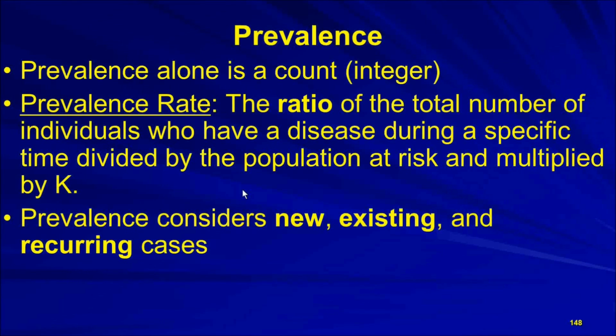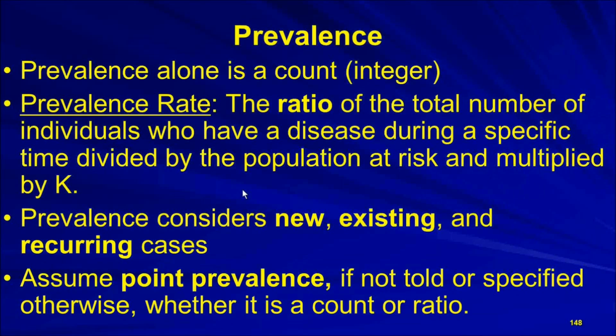And then it says what I just said. It covers new, existing, and recurring cases. So a recurring case is a person who has the flu, this is an example, gets over it and has the flu again. And in that case, the prevalence would be counted as 2, occurring 2 times for one individual.